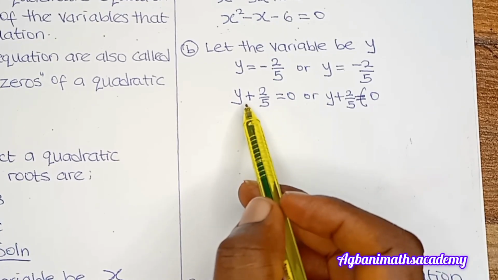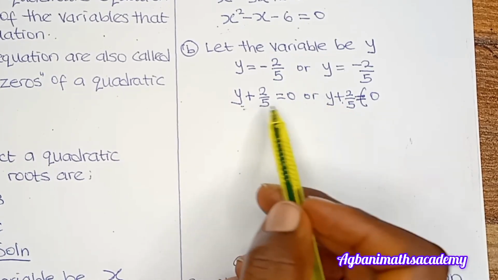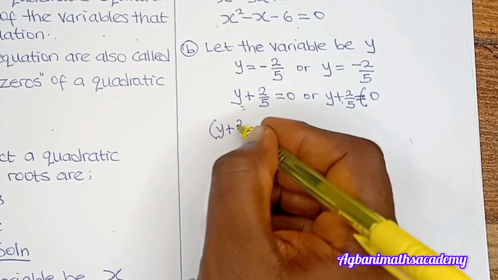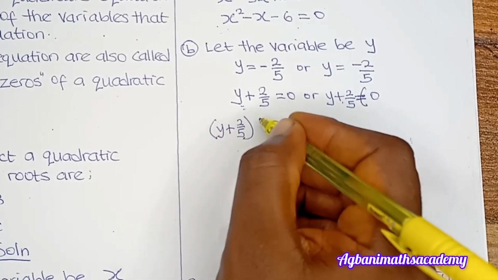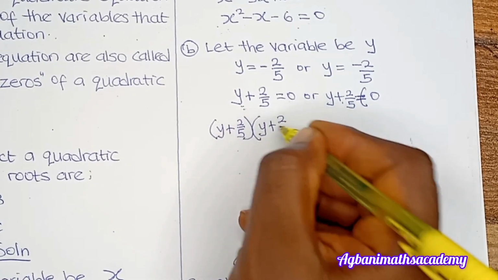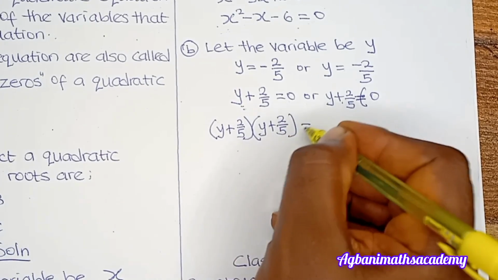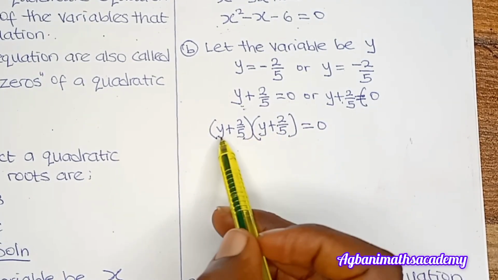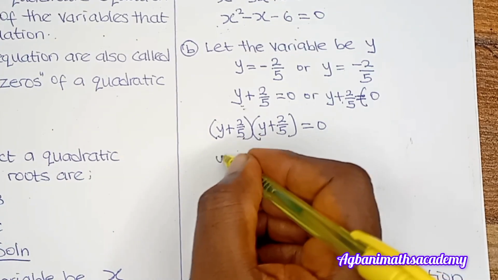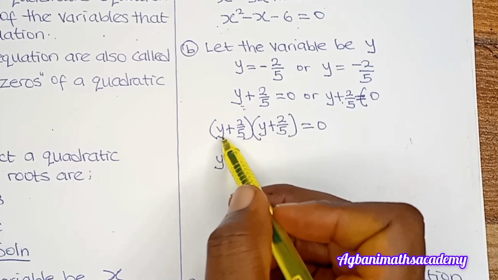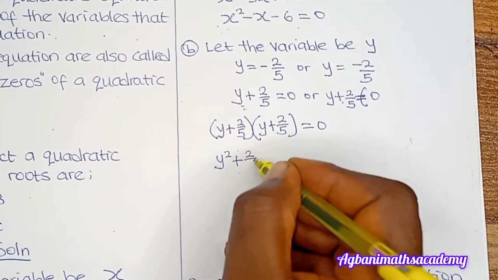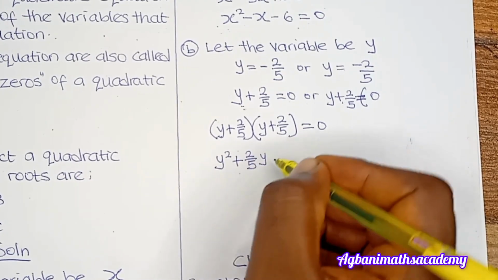Next we multiply the left sides and we multiply the right sides. So we're going to have y plus 2 over 5 into y plus 2 over 5 is equal to 0 multiplied by 0, which gives you 0. So let's expand. y multiplied by y gives us y squared. y multiplied by plus 2 over 5 gives you plus 2 over 5 y.